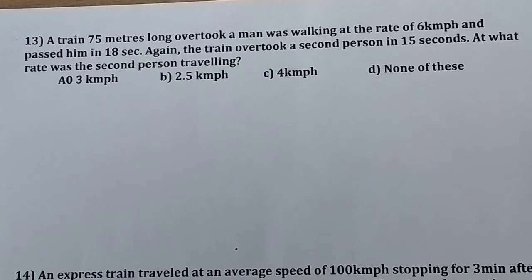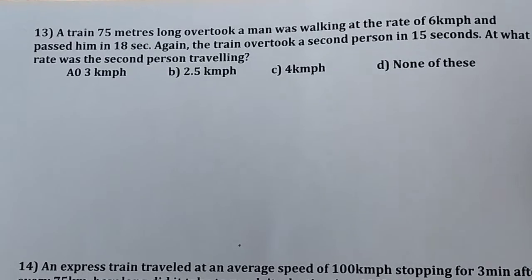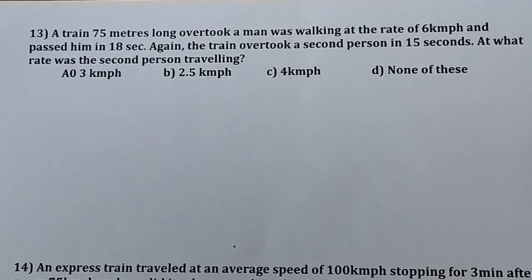Again, the train overtook a second person in 15 seconds. At what rate was the second person traveling? Okay, that is the question. Just try on your own to find this answer. This question is based on the previous models. I hope you can do that question on your own.